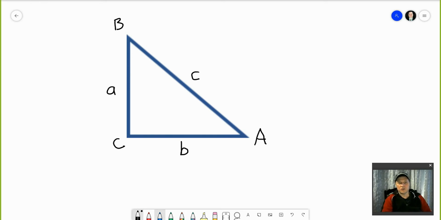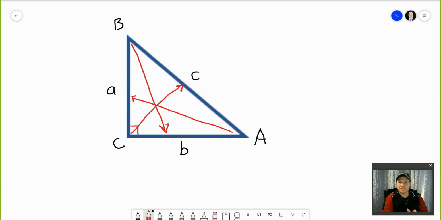Angle A is always directly opposite side A. Angle B is always directly opposite side B. And the hypotenuse is always directly opposite the right angle, because we're talking about right angle triangles.